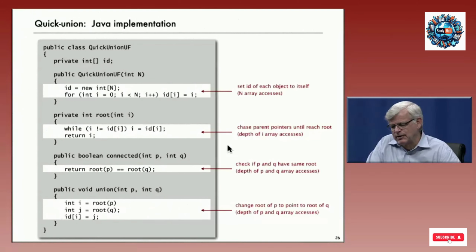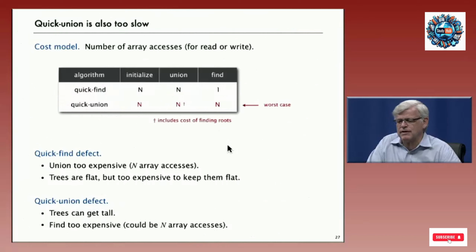So now we're going to have to look at whether this code can be effective for large problems. Unfortunately, quick union is faster, but it's also too slow. And it's a little different kind of too slow than for quick find. There's times when it could be fast, but there's also times when it could be too slow.